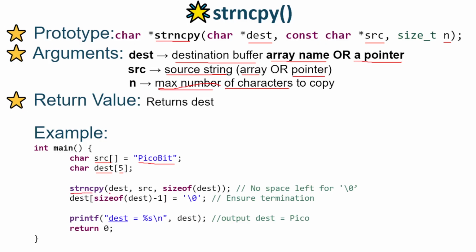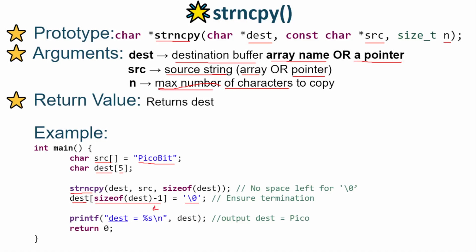To fix this, the line dest[sizeof(dest) - 1] = '\0' manually places the null terminator at the last index, ensuring that dest now contains the valid string pico.